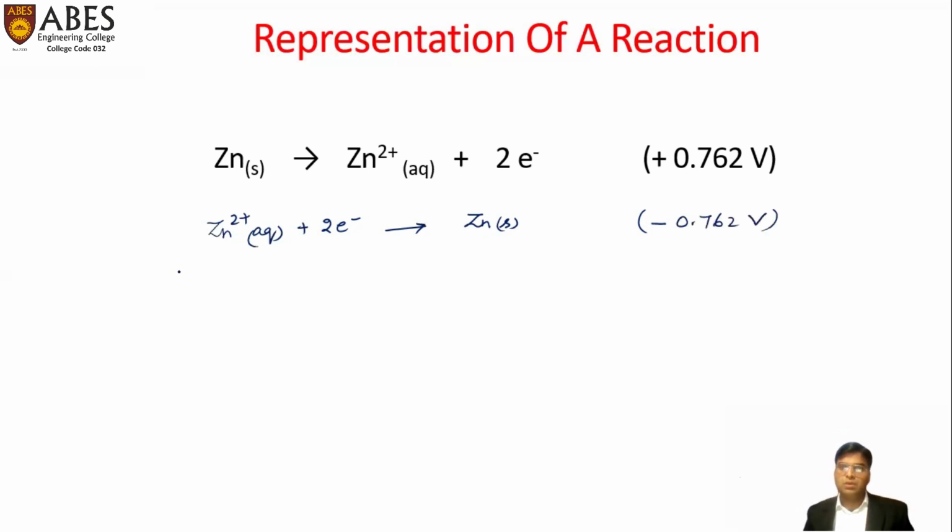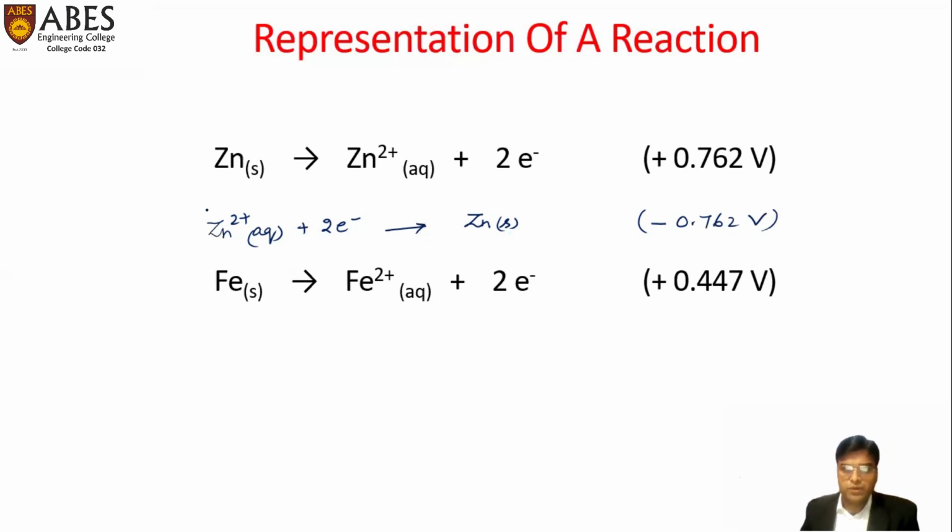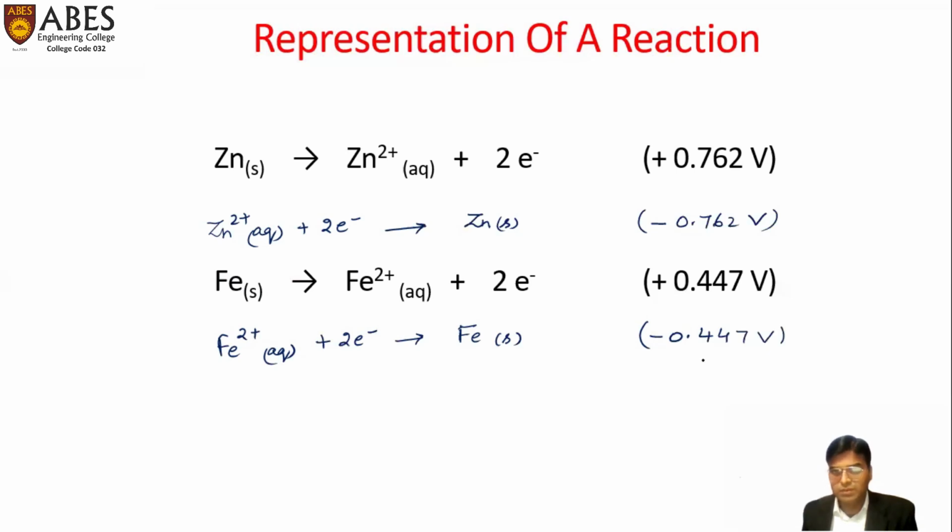This is how we show a reaction as the reduction reaction, and the potential here will be called the reduction potential. Similarly, for this reaction, where iron is converting into iron 2 plus, it is undergoing oxidation by losing 2 electrons. It can be shown as the reduction reaction, and the potential here should be given as minus 0.447 volt.